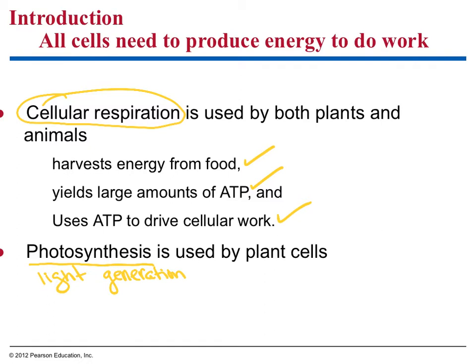They take light in the presence of CO2 and in the presence of water, and they're able to create energy. Animal cells cannot carry out photosynthesis. We'll spend some more time talking about photosynthesis in the next lecture, and maybe a little bit in the cellular respiration lecture, but mainly this lecture here is going to focus on cellular respiration.